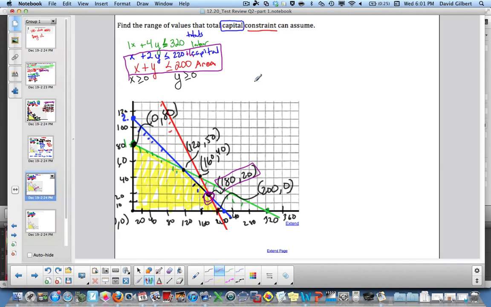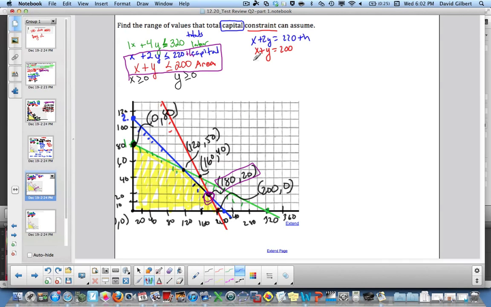So we have the area, which is x plus y equals 200, and then we have the capital. So not to confuse you, I guess I'll write the same one on top, not that it matters whatsoever. So we have x plus 2y equals 220 plus h. Again, we're worried about the intersection of the lines, so we don't really care about the inequalities.